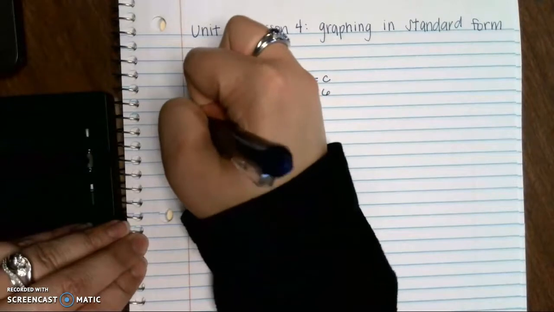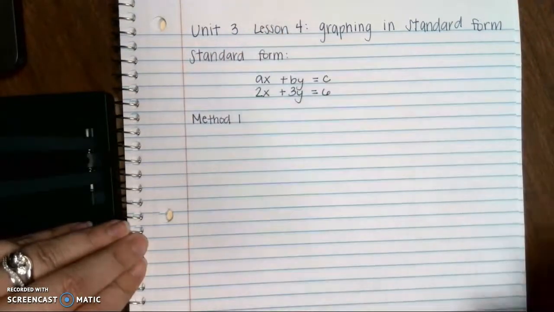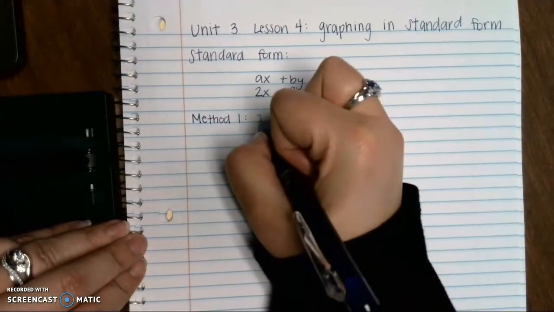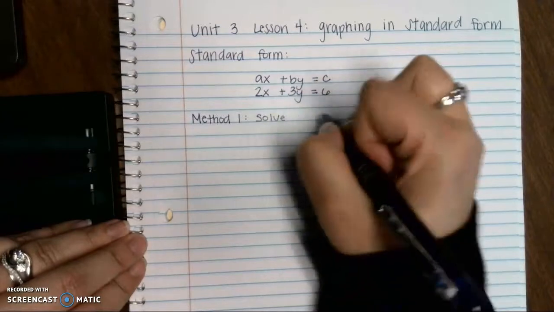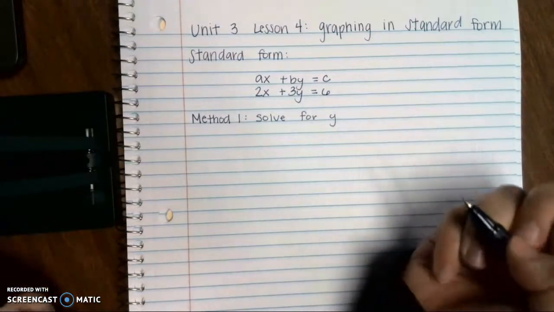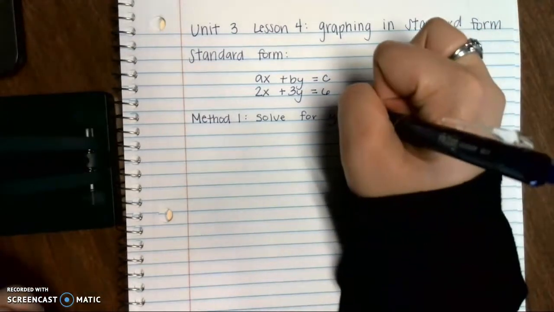In method 1 is when you solve for y, which puts the equation into slope-intercept form, and then you graph.